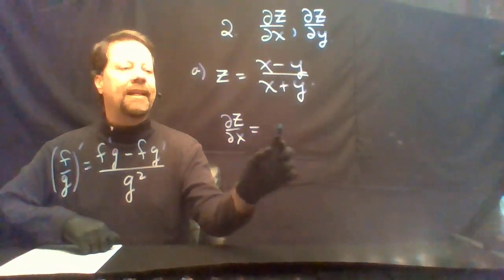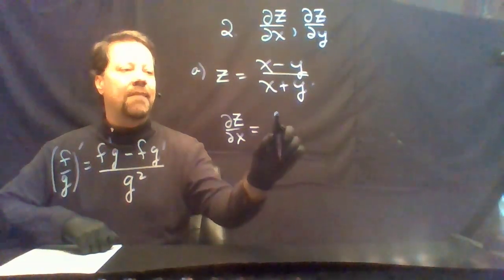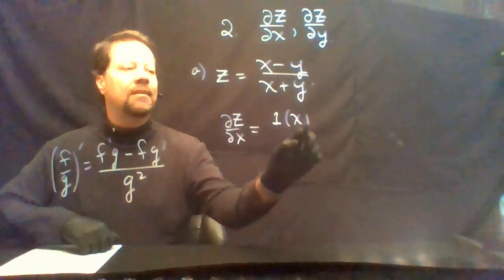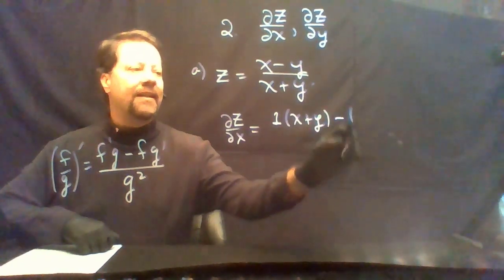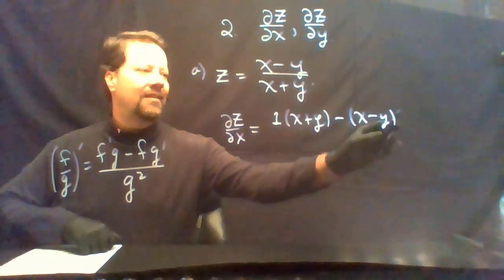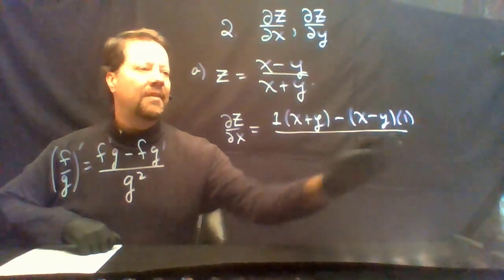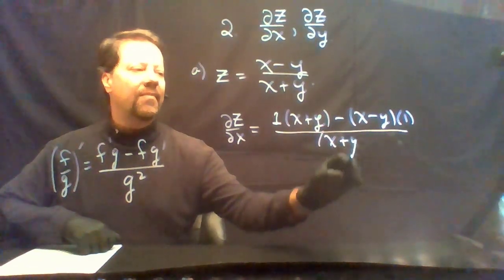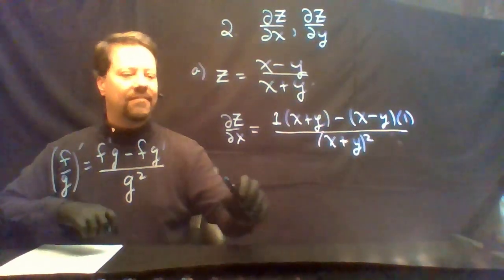So in calculating dz/dx, derivative of the top is 1 times the bottom minus the top times the derivative of the bottom divided by the bottom squared.